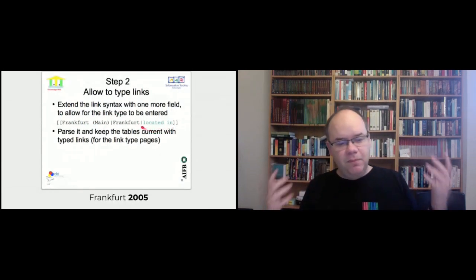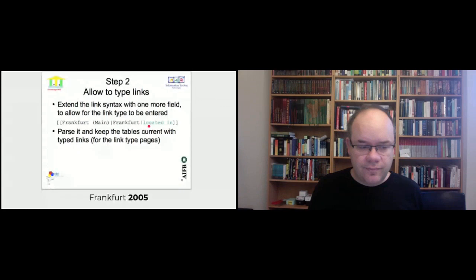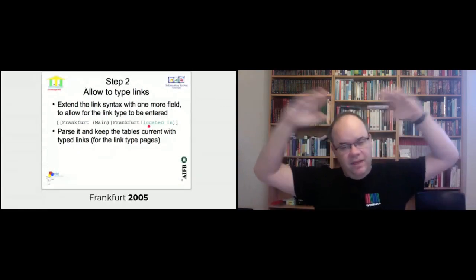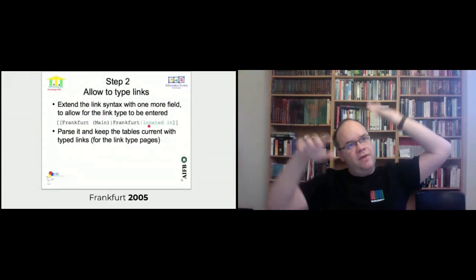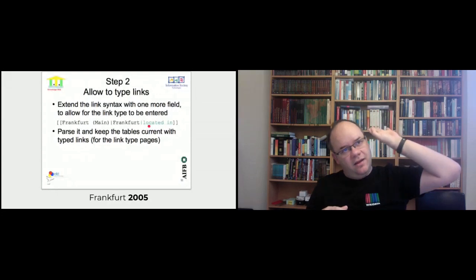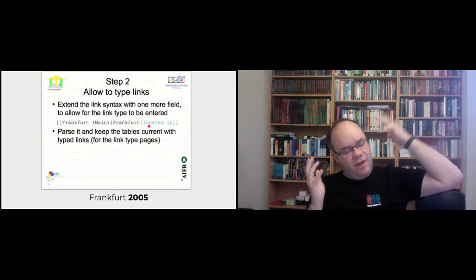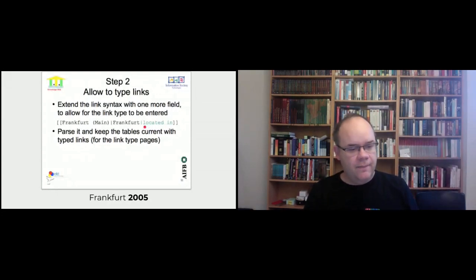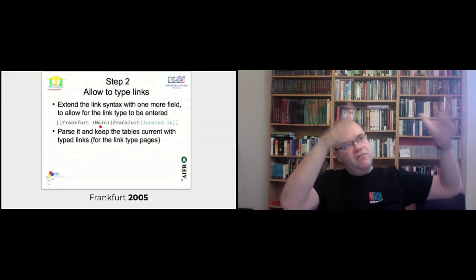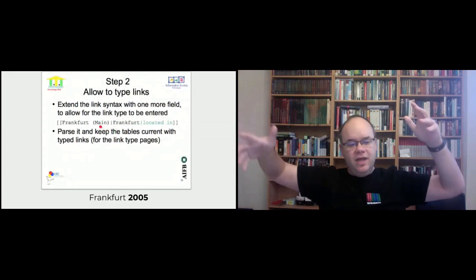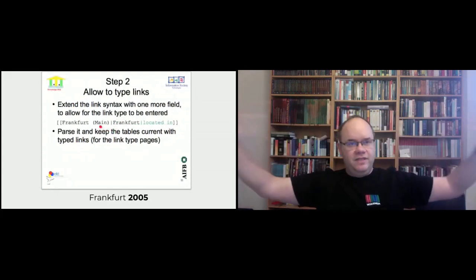What we would be building there is basically a big table with triples, where we have the page we are on. For example, this might be the page about Wikimania 2005, and then we have a link to Frankfurt, and we say it's located in. So we have this triple.